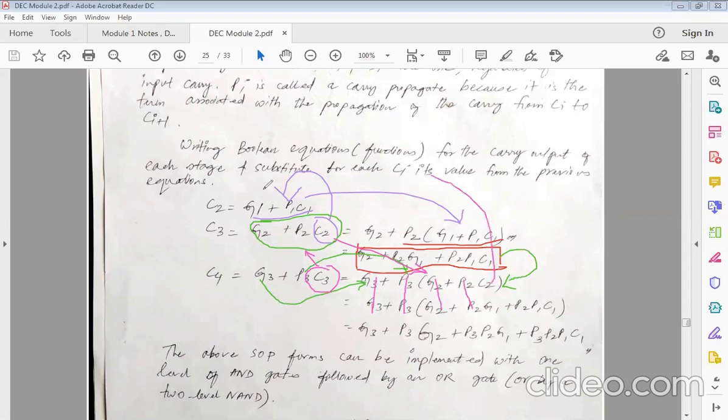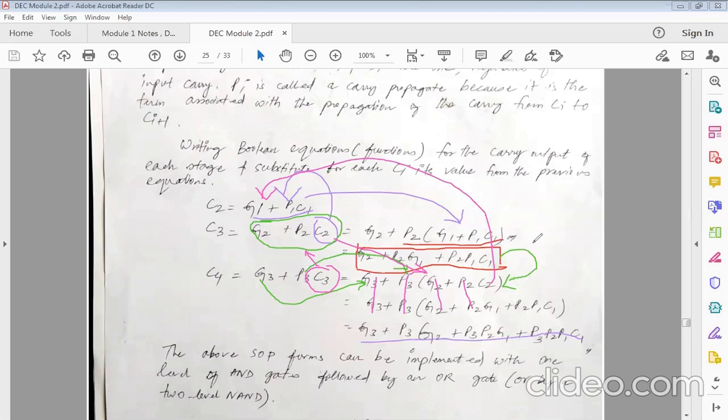I will go back here. So G1 is here. Then P2 into P1 C1. Is that clear? Yes, sir. In this step, it's going to be a normal algebraic multiplication. That's it.